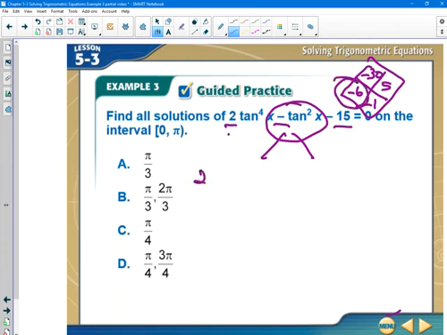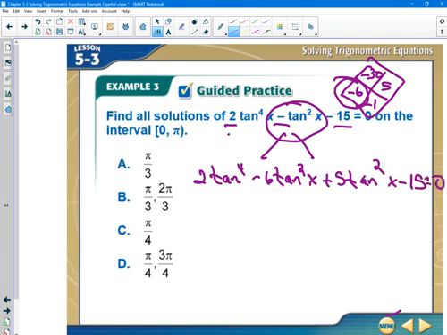So I'm going to say 2 tangent to the 4th minus 6 tan squared plus 5 tan squared x minus 15. Now, if you notice, it's not a quadratic, it's a quartic, but it factors in the same way. Because of this exponent, it's considered a quartic. So I'm still going to factor it the same way, and then I'll just have two terms that are squared.